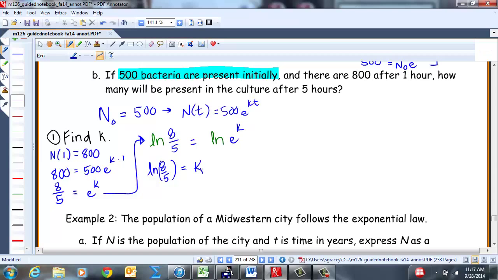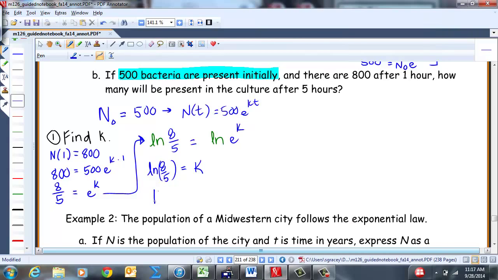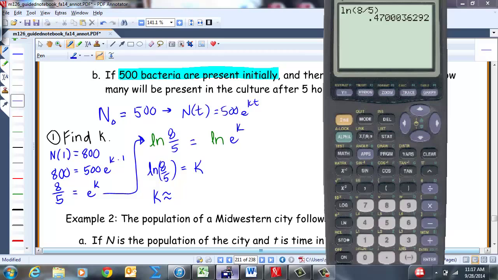So let's get an approximation for this. Go into our calculator. Natural log of 8 divided by 5 is approximately, so k is approximately 0.4700.